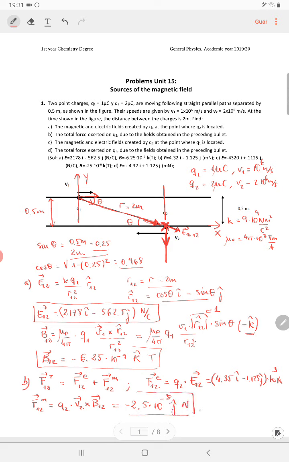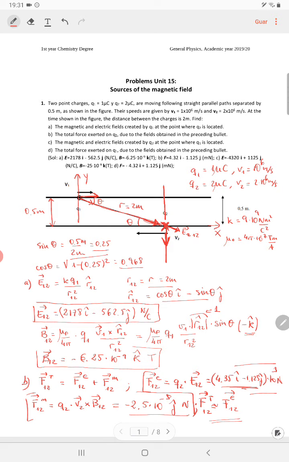Okay, so the total force that is the addition of both is approximately equal to the electric one, because the magnetic one is much smaller than the electric one. Okay, so here you have it.